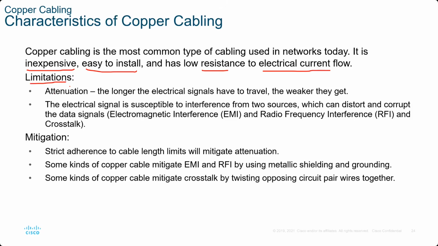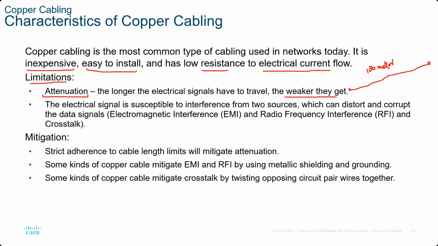But it has its limitations, problems. For example, it has a problem of attenuation, which is the longer the electrical signals have to travel, the weaker they get. So you cannot have a very long copper cable, generally speaking, more than 100 meters.